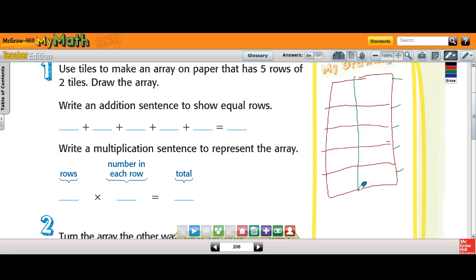Do I have two in each row? Yes. Okay. So what would be my addition sentence to show the equal rows? How many in each row here?